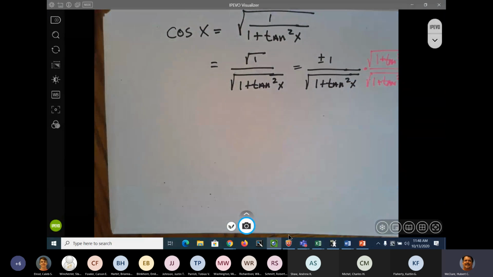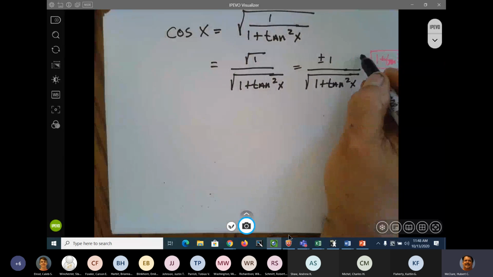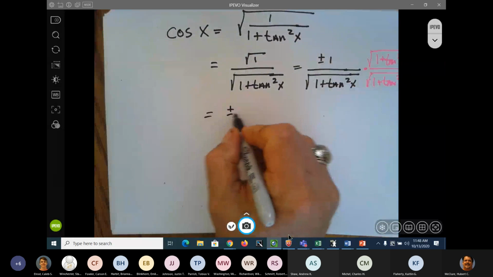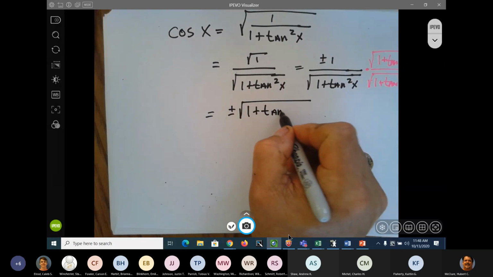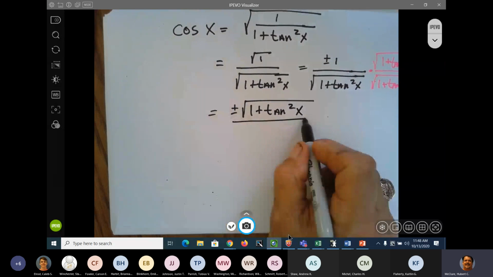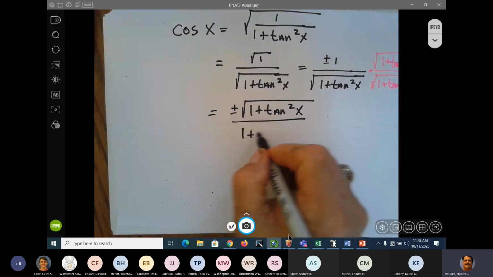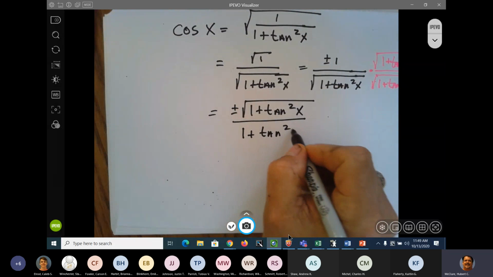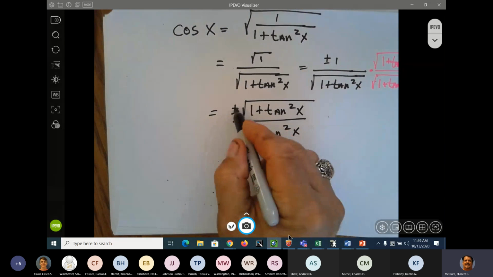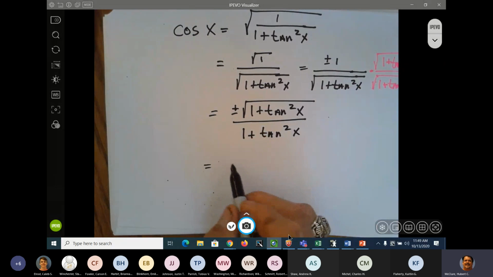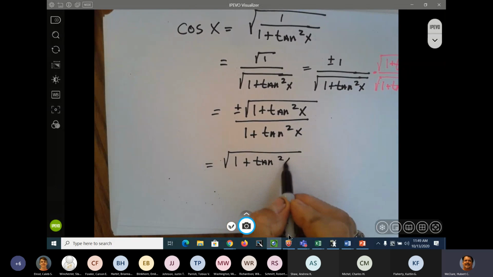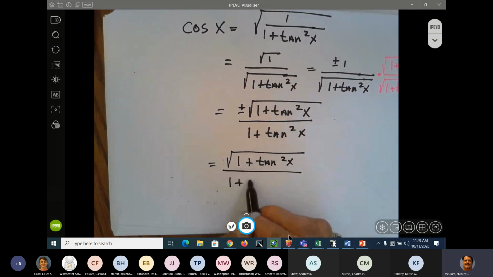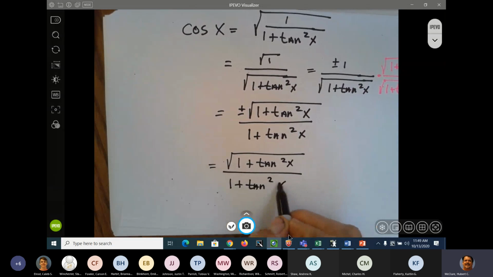The square roots are going to fall off, and you're going to be left with positive or negative square root of 1 plus tangent squared of x over 1 plus tangent squared of x. And you don't need the positive or negative, so you can just write square root of 1 plus tangent squared of x over 1 plus tangent squared of x.